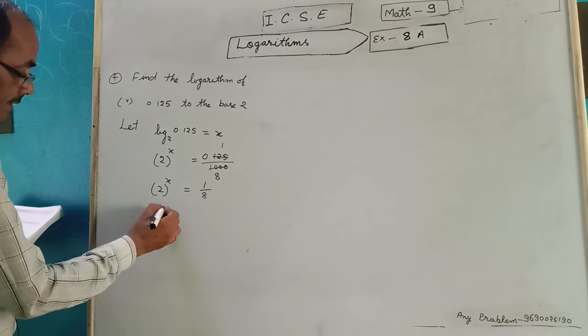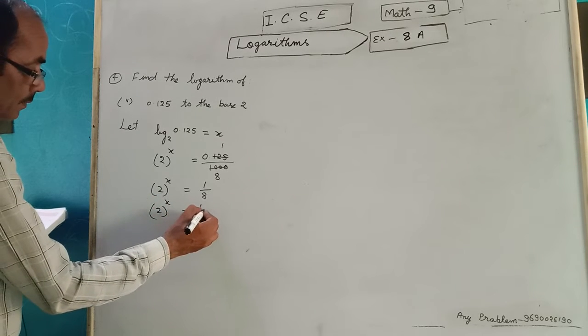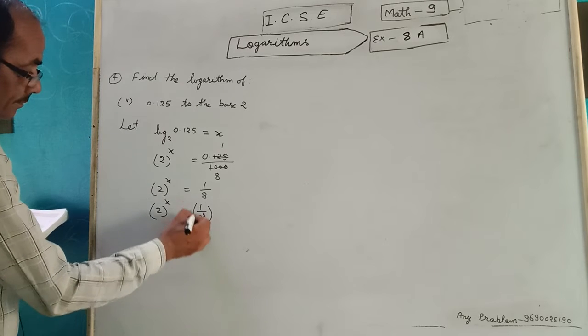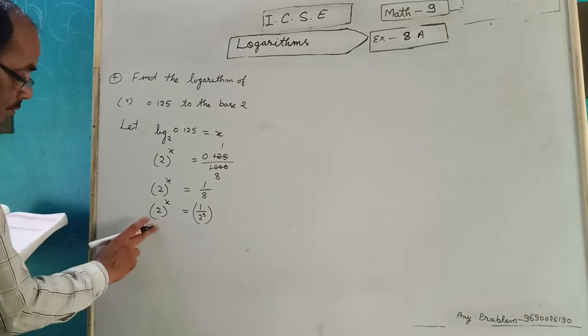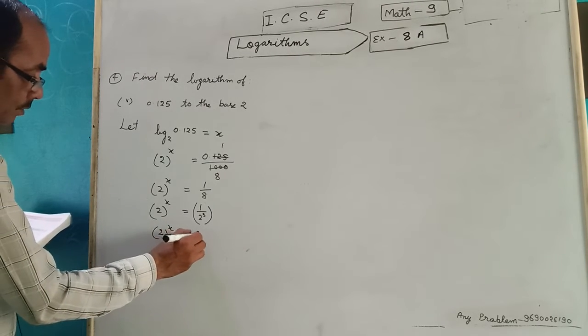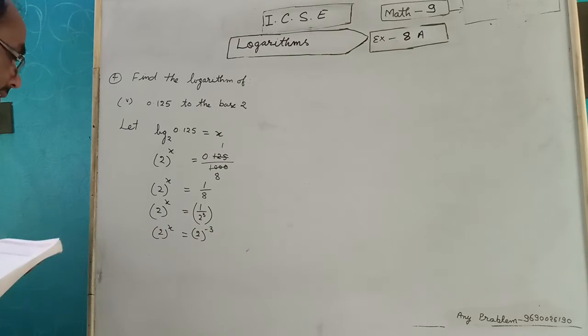Write in exponential form 1 upon 2 as power 3. 2 as power x is equal to 2 as power minus 3.